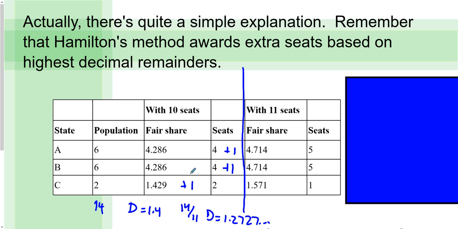The way to think about this as an apportionment paradox is that C isn't actually dropping a seat. They're just suddenly failing to get a round-up value. They're due 1 seat. The second seat that they had was a freebie because they had the high decimal and they could round up. But at 11 seats, they're no longer the highest decimal, so they no longer round up.